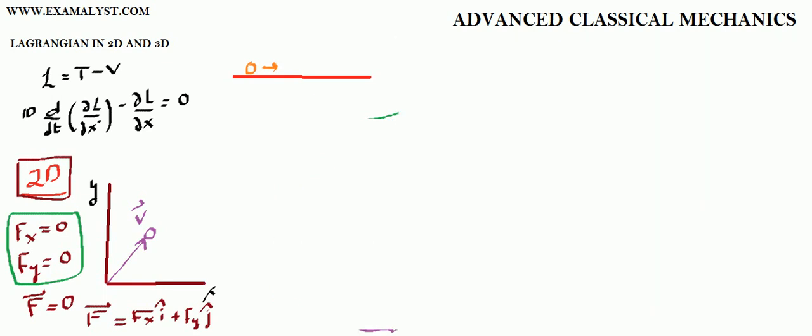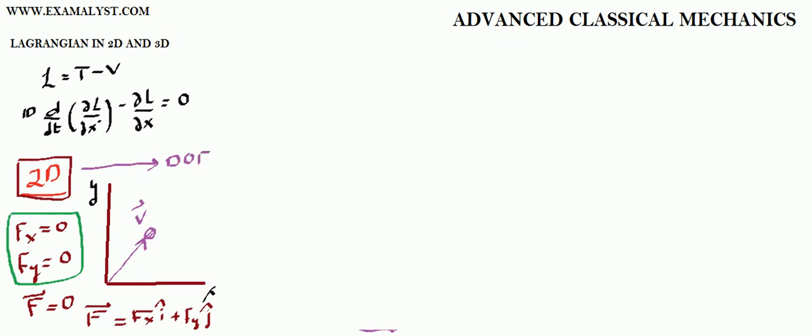So you see one thing, that in this 2D, this ball has the degree of freedom to move either in x or in y. So what is the minimum degree of freedom for an object in 2D? Degree of freedom is written as DOF.